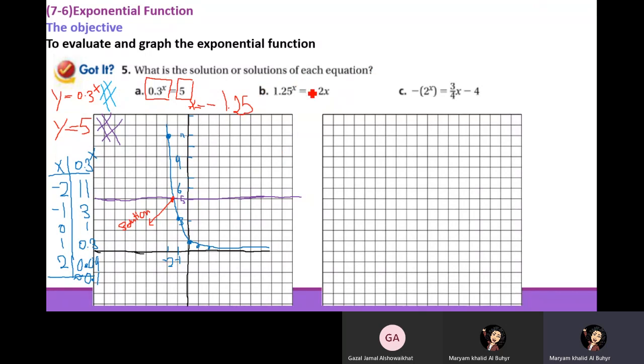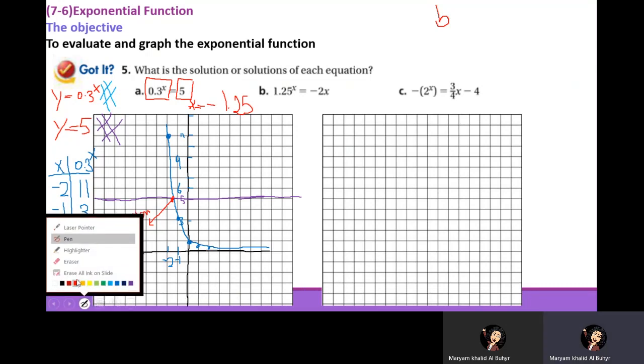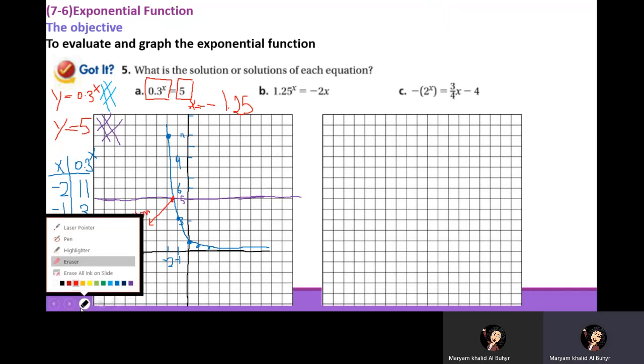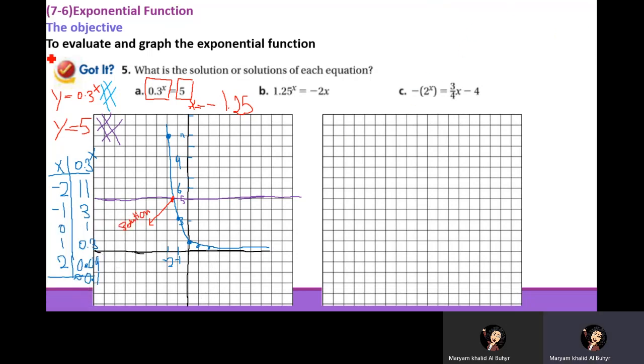Now let me do part B. So I'm going to divide my equation. So I will separate each part alone. I'm going to say for B, what's my line?